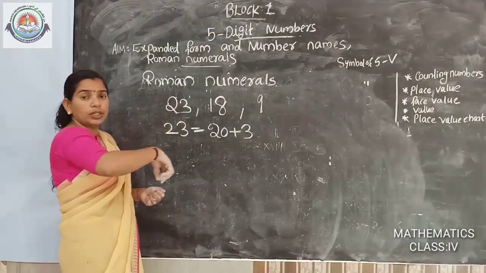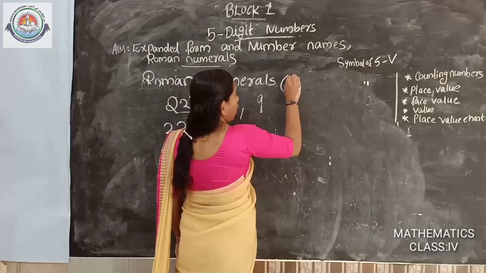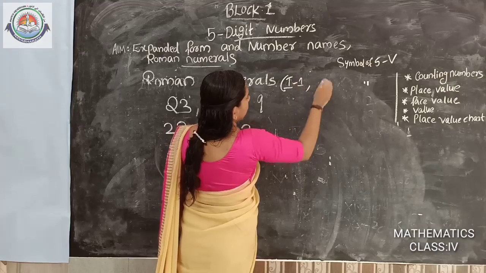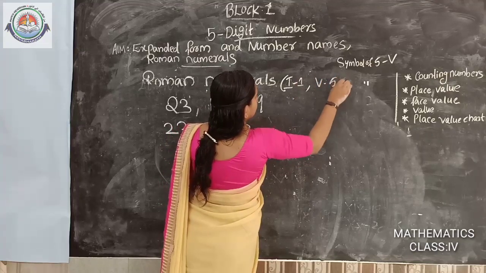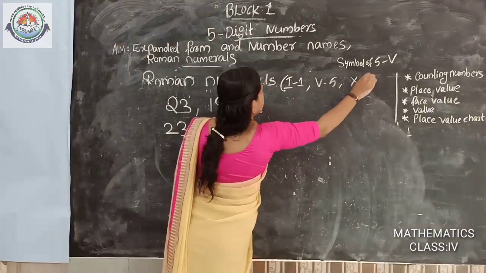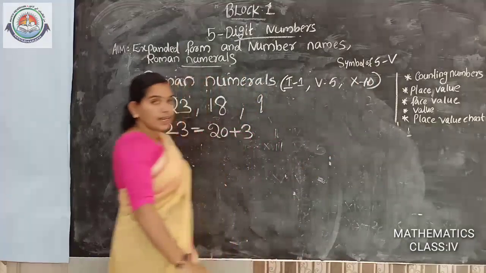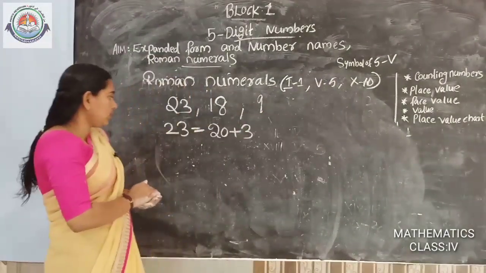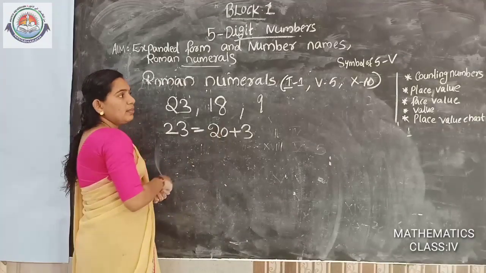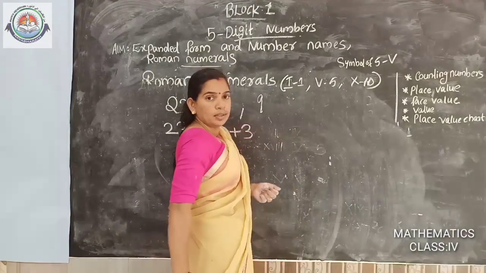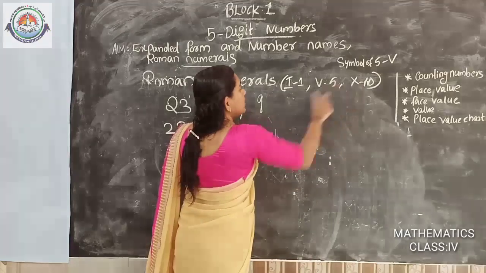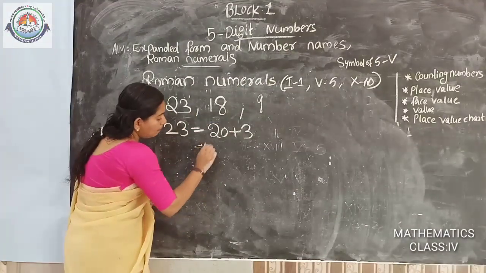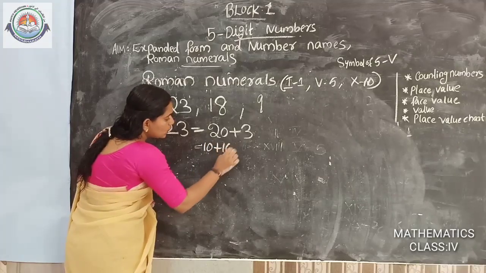Then we know the general symbols: 1, 5, 10. So using these we will write. 20 is not there, so we can make it from 10. Two tens: 10 plus 10 is 20.